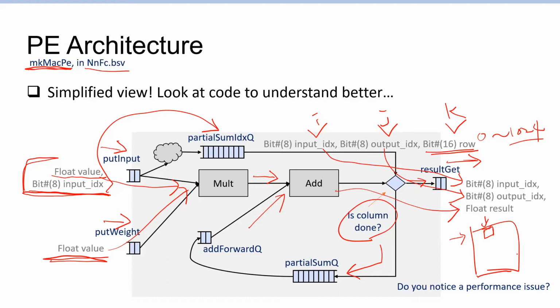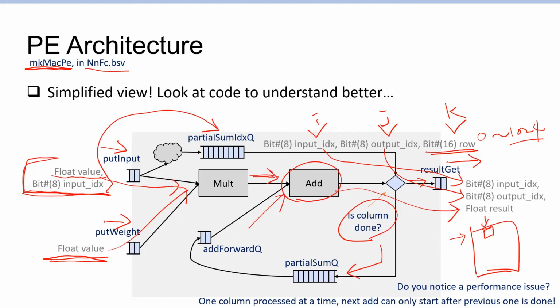An interesting question here is: in this current implementation, do you notice a performance issue? There is a performance issue. Right now, only one column can be processed at a time, because the adder requires a value that comes in from here.